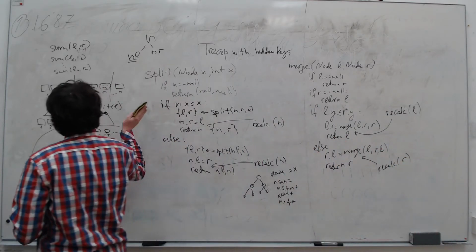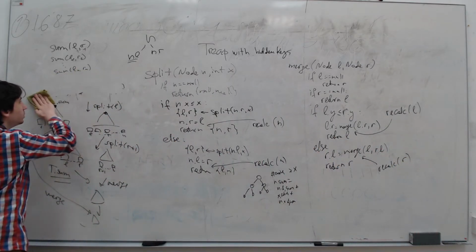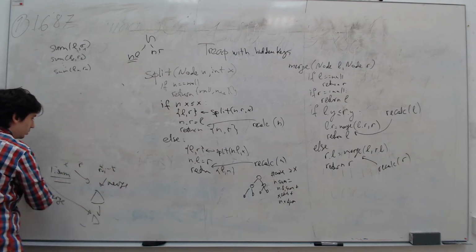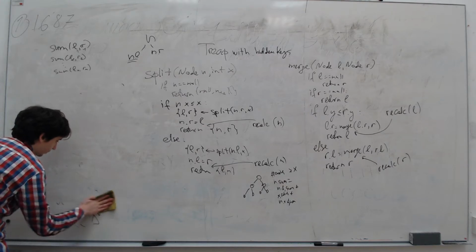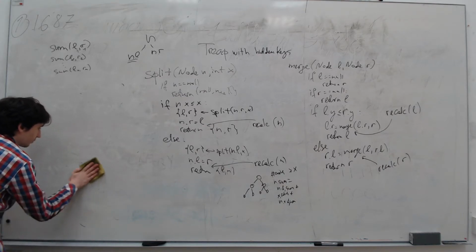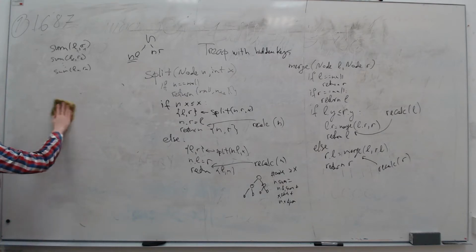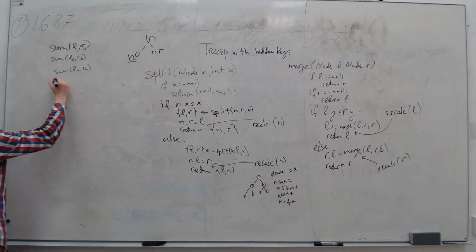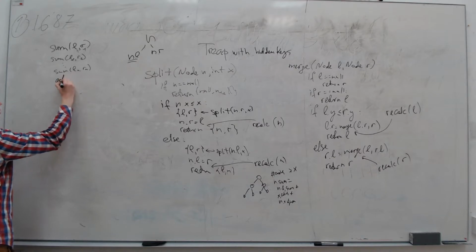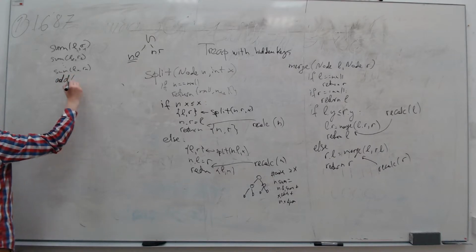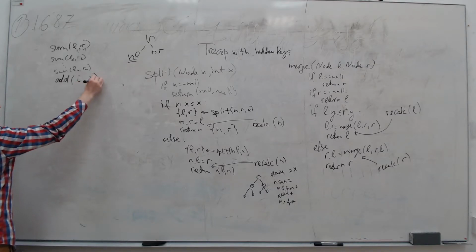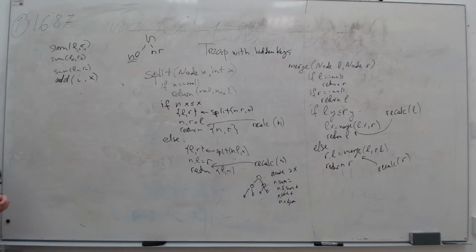And suppose right now that you have an additional function, add to element I the value x. So you have two types of queries right now.